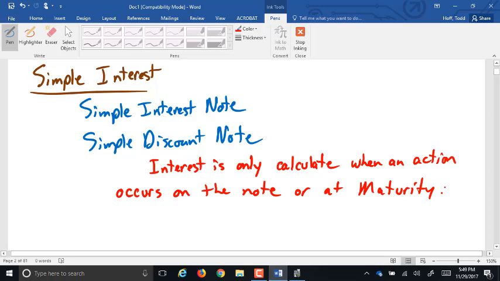In fact, for a simple discount note, they usually don't allow any actions on the note until maturity. You're not allowed to do partial payments or things like that, just because it is kind of complex to calculate those partial payments on a simple discount note.